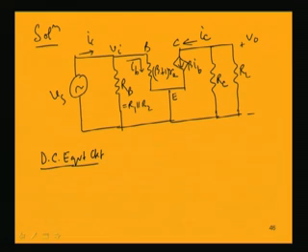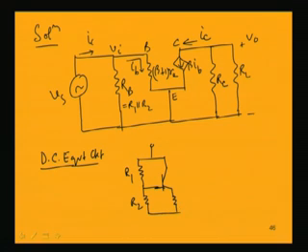So, the DC equivalent circuit, if we consider, we have the resistances R1 and R2, and this is a common emitter circuit. It has RE and RC.